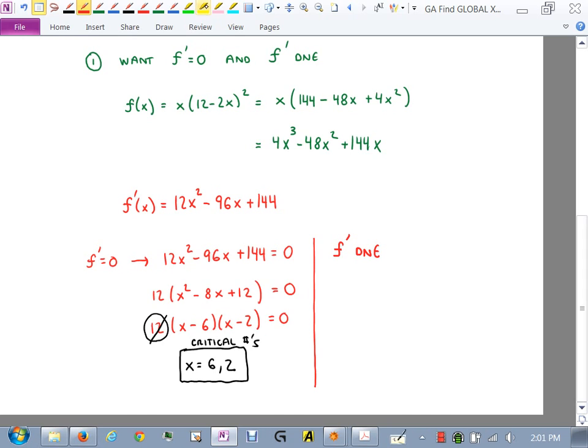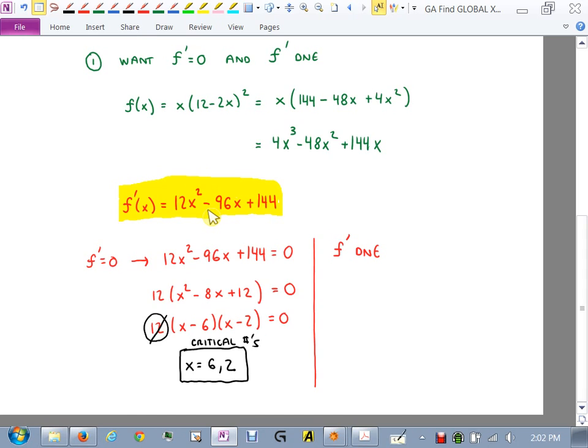So let's take a look at this derivative. The derivative is a polynomial function, isn't it? It's a quadratic, but it's a polynomial. Polynomial functions are well-behaved functions. They're continuous functions. There's no problems as far as me trying to plug an x in there and having any issues, right? I'm never going to get division by 0. I'm never going to get a square root of a negative number.